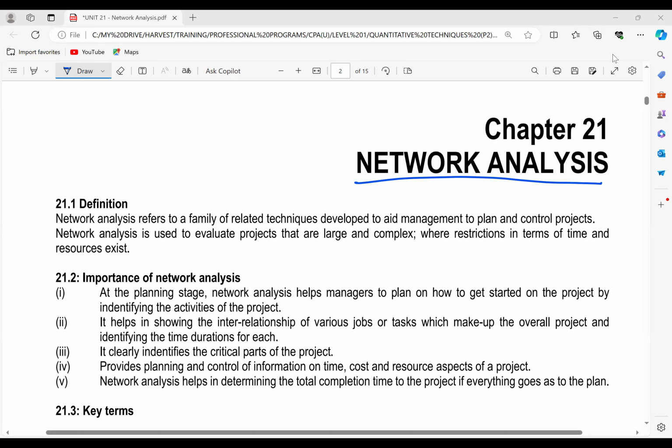So network analysis refers to a family of related techniques developed to aid management to plan and control projects. We are saying that network analysis is used to evaluate projects that are large and complex, where restrictions in terms of time and resources exist.